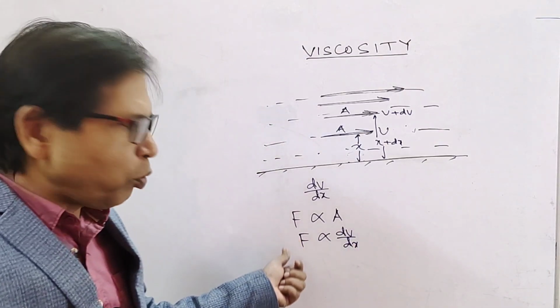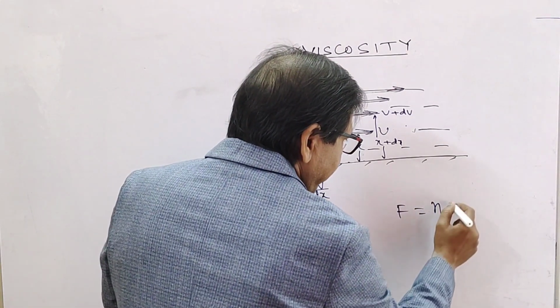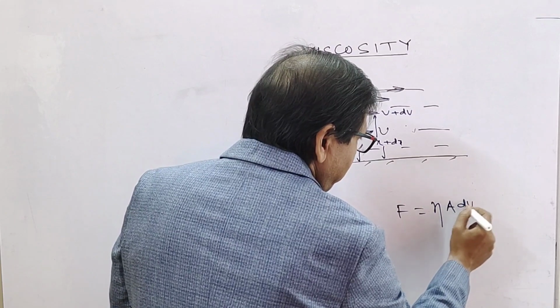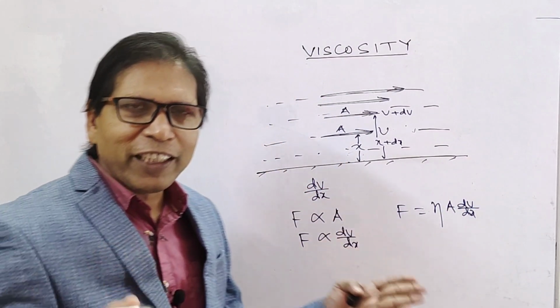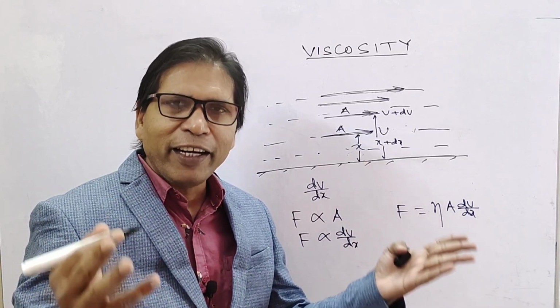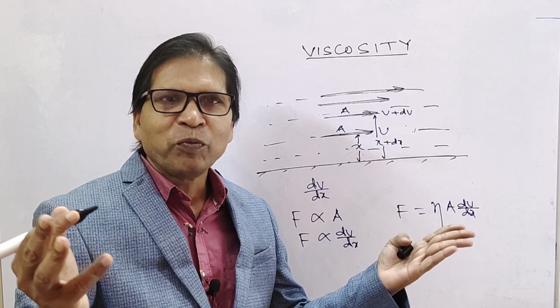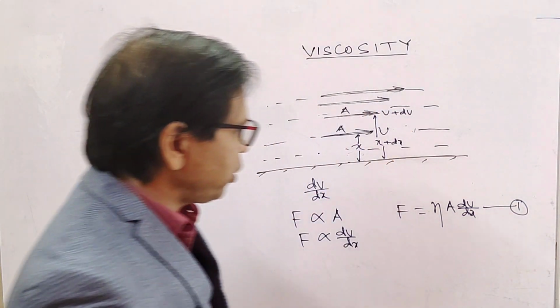Therefore tangential force F becomes eta A dv by dx, where eta is called the coefficient of viscosity. Okay, it depends on the nature of the liquid. Now this equation is called Newton's equation.